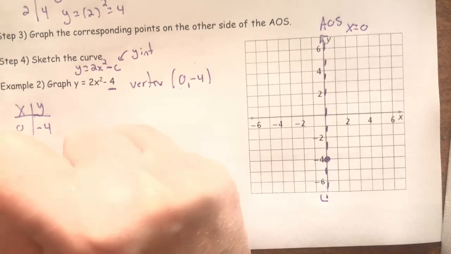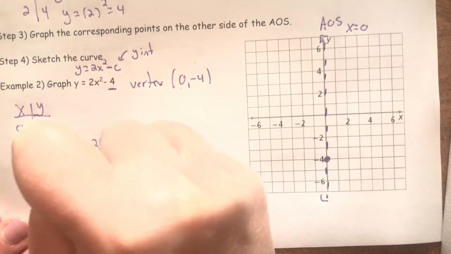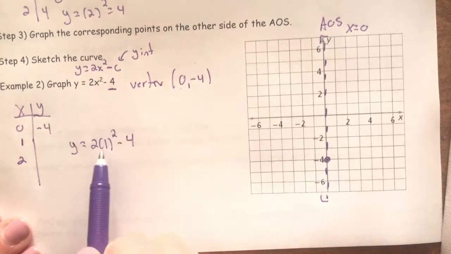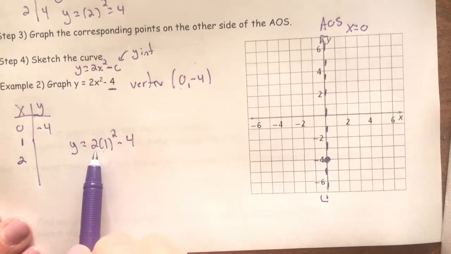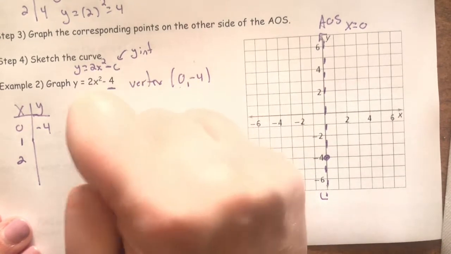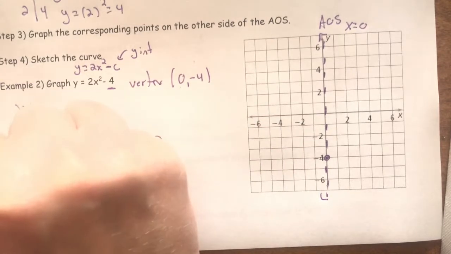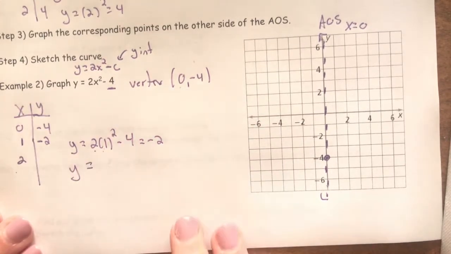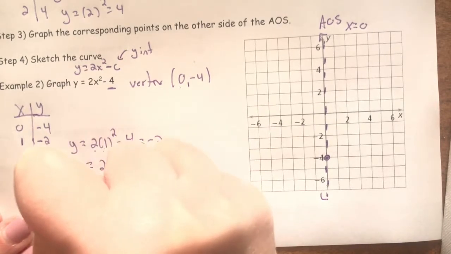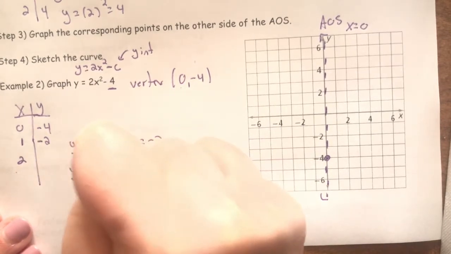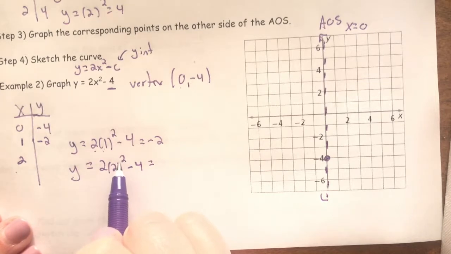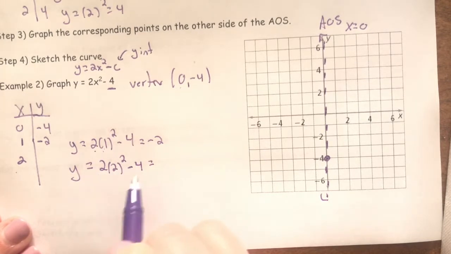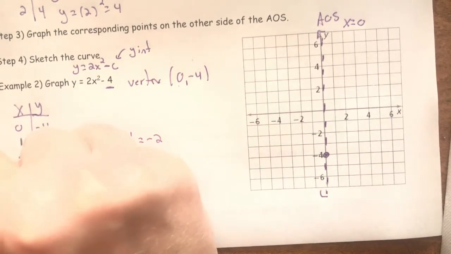So I have y equals 2 times 1 squared minus 4. 1 squared is 1 times 2 is 2. 2 minus 4 gives me -2. So I have 1 and -2, and then I'm going to plug in a positive 2 for x. So I'll have 2 times 2 squared minus 4. 2 squared is 4. 4 times 2 is 8. 8 minus 4 will leave me with 4.